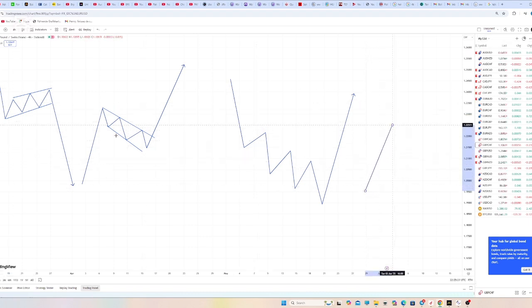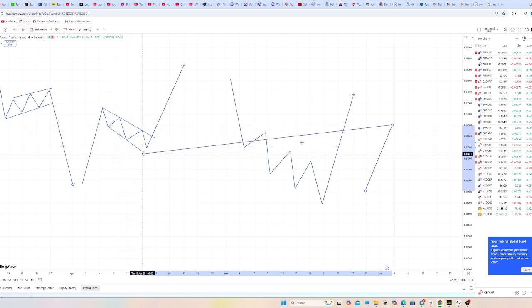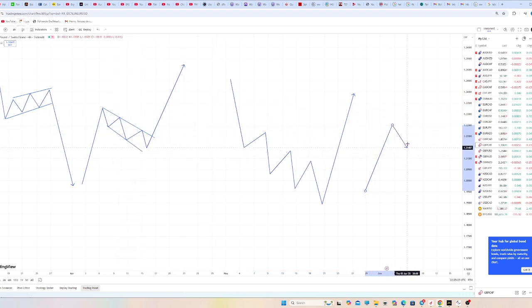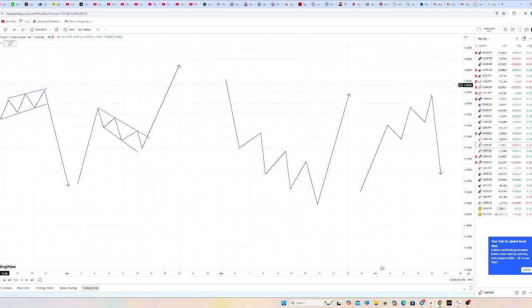Instead of having this correction for a continuation, the correction is more to the upside, something like so. And after which we're expecting price to push to the downside. These are reversal corrections.